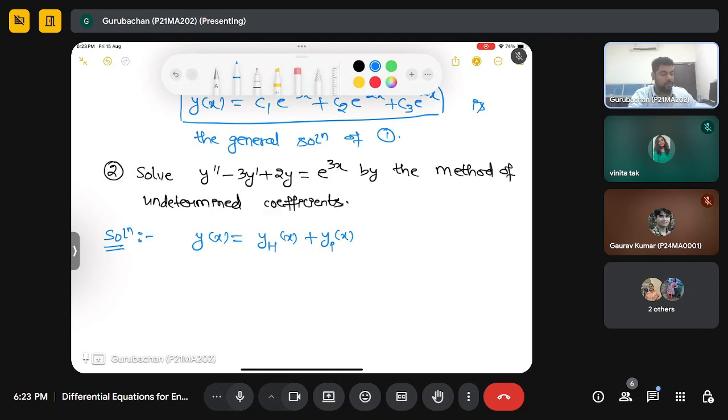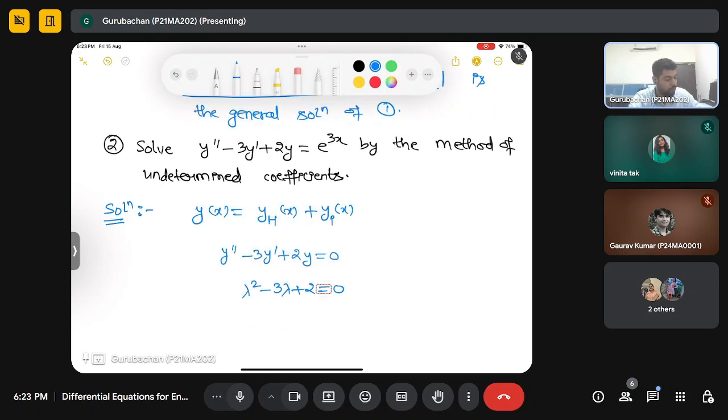So let me first find the homogeneous part. It will be y double dash minus 3y dash plus 2y equal to 0. With the same approach as above, we get lambda square minus 3 lambda plus 2 equal to 0.